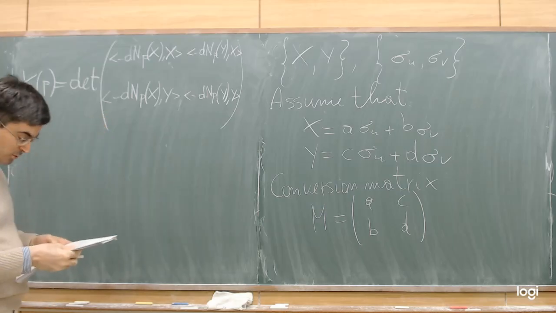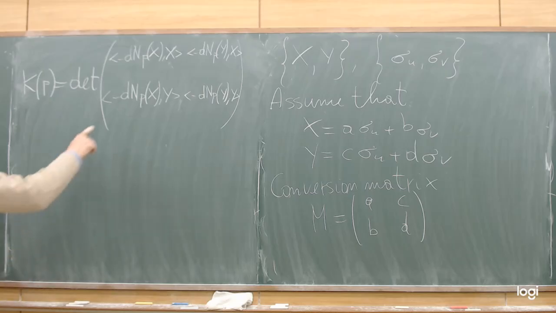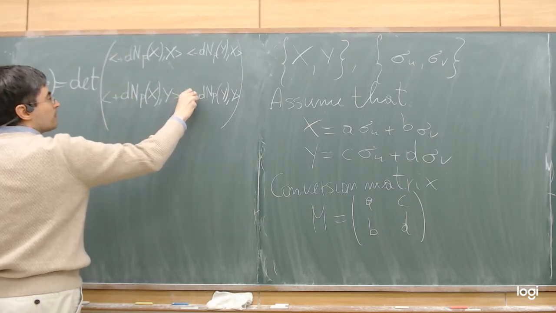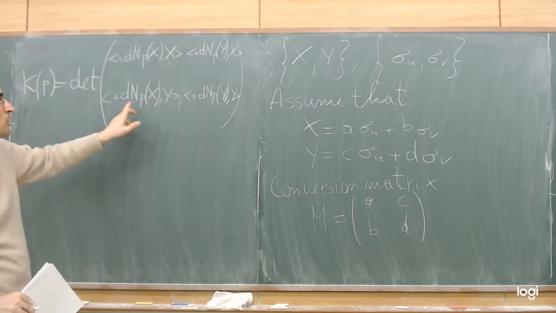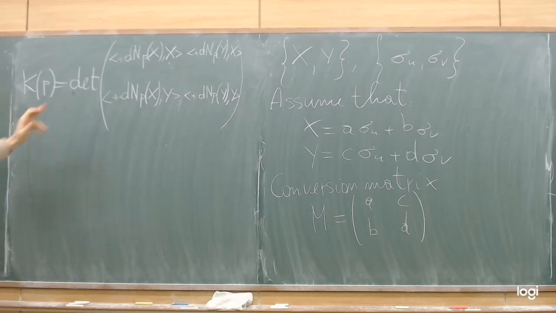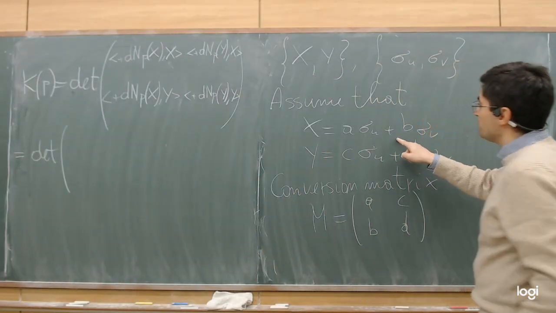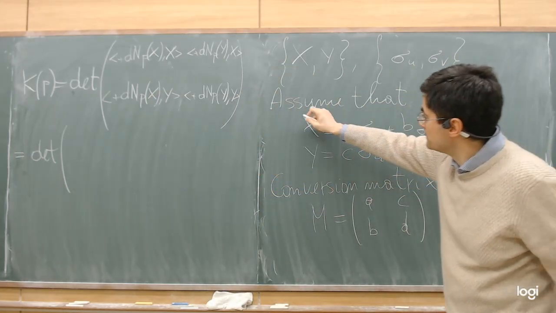First of all, let's observe that we can change this sign into a plus, because this is a matrix of order 2 and the determinant does not change if we do this. This is equal to the determinant of, what happens if we write x and y this way.